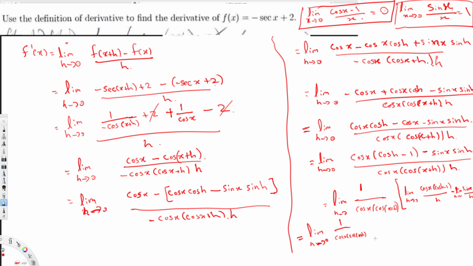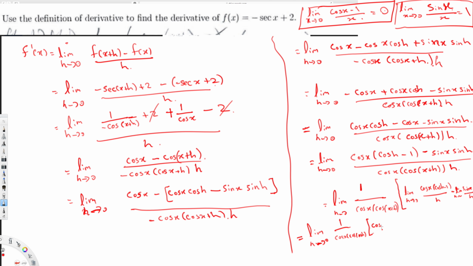Then maybe I can now substitute the 0, one more step. Limit h approaches 0. Before I write that, I bring this cos x in front of the limit, because we are only dealing with the h, so we don't need it inside.